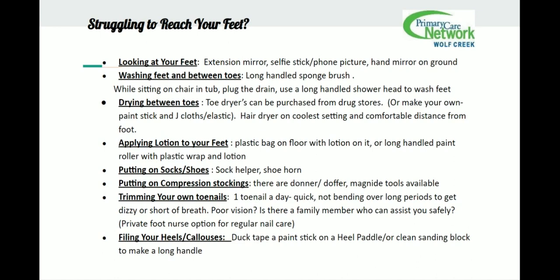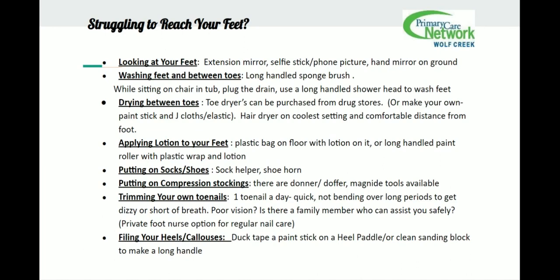Now, trimming your own toenails. One trick that works for a lot of people is, instead of bending over for long periods of time where you might get dizzy or short of breath, try just trimming one toenail a day. It's a quick thing and you don't have to be bending over for a long time.